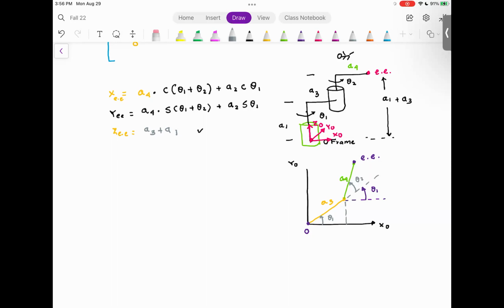This will be A3 cosine theta 1. And this guy is going to be, can someone guess? A4. Please note, now this total angle is theta 1 plus theta 2.